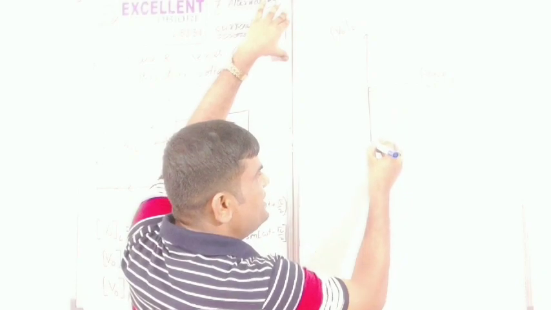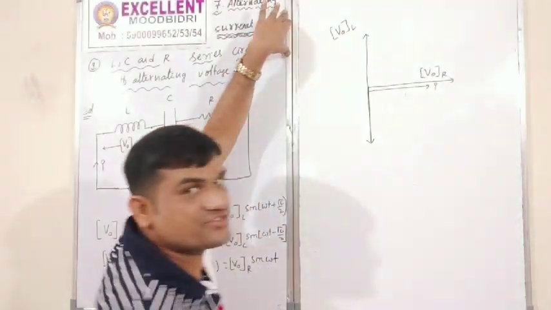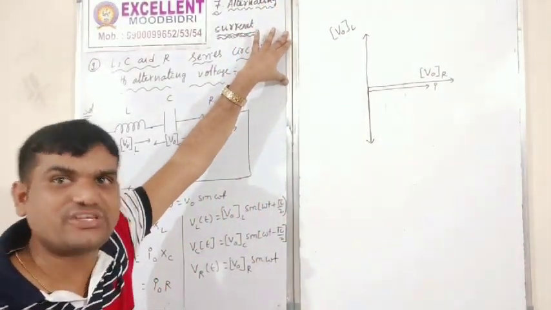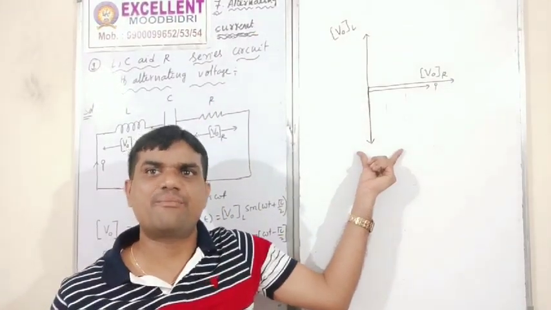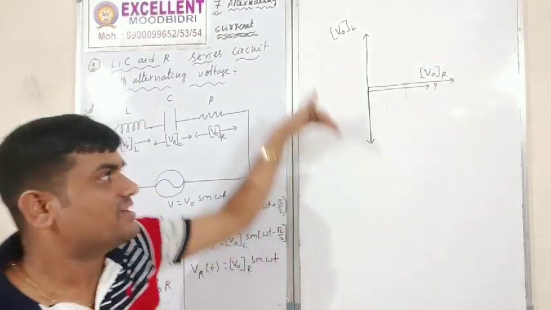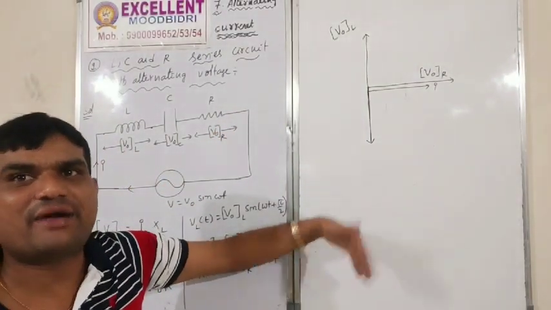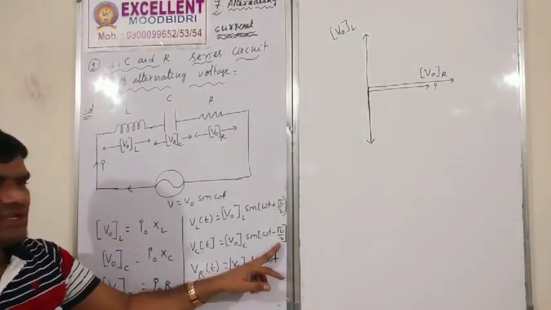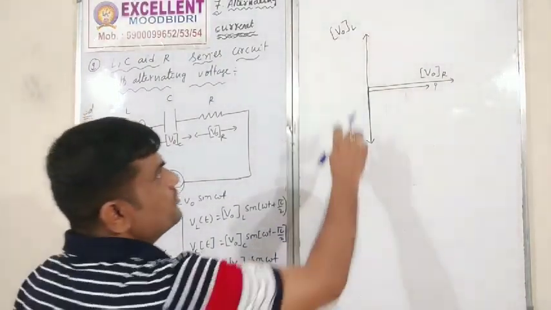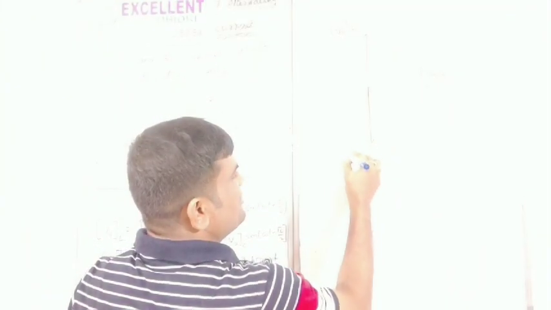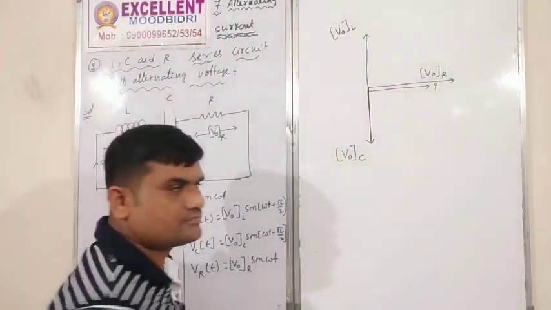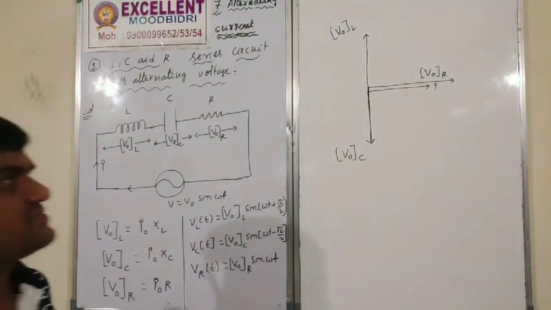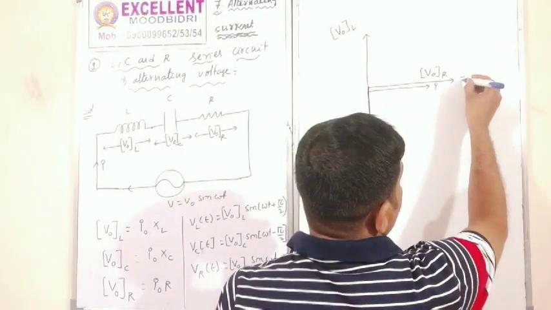So voltage lags in a capacitive circuit. How much does it lag? Minus pi by 2. This is V naught C, which we can also write like that.